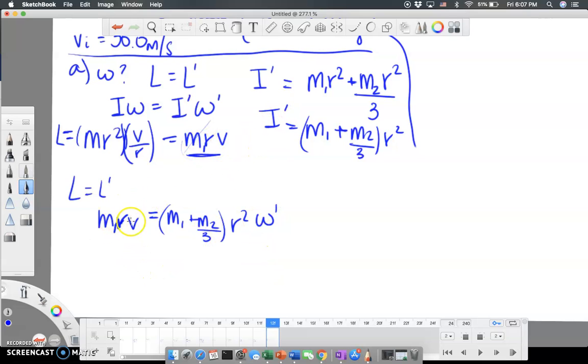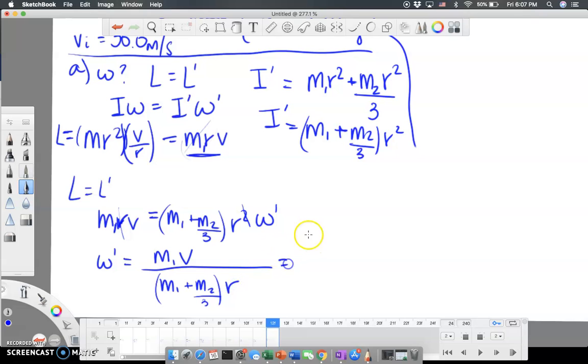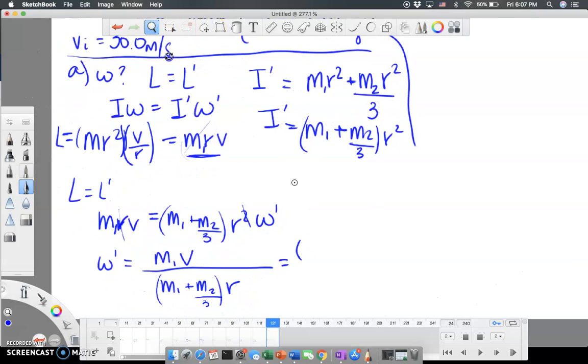As you can see, one of our r's crosses out with this r, and then we can solve for omega prime. So omega prime will be m1 times V divided by m1 plus m2 divided by 3, times r. And we can plug these values in.